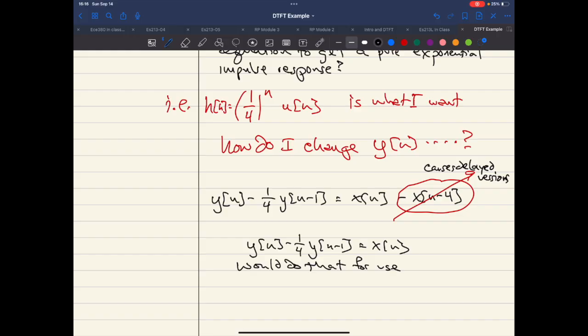So we get rid of those delayed versions, and this is what's left for us. There we go. All right, and we can see that if we put in an impulse for x[n], the output should be just this decay function. We go back through all the rigmarole and actually solve this out.